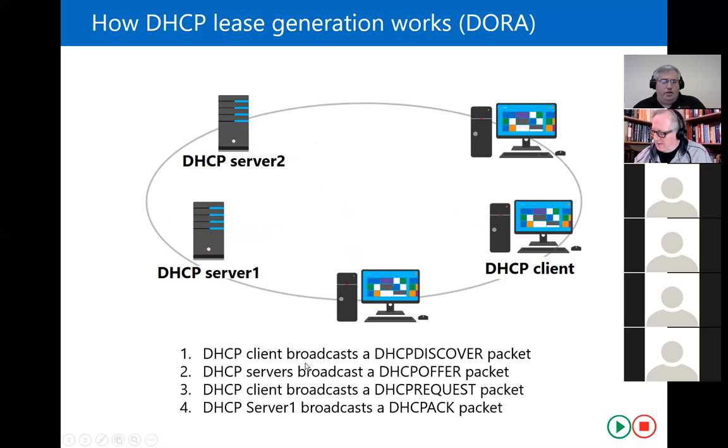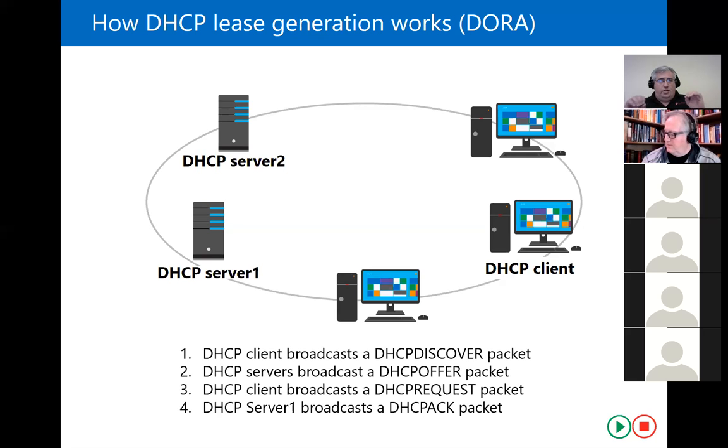Notice how all of these are broadcast. We haven't really discussed that much. You have different types of packet. You've got unicast, actually there's three, now that I think about it. Unicast, multicast, and broadcast.